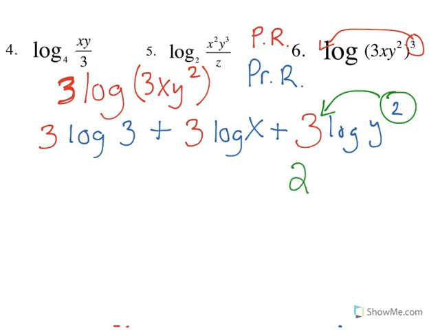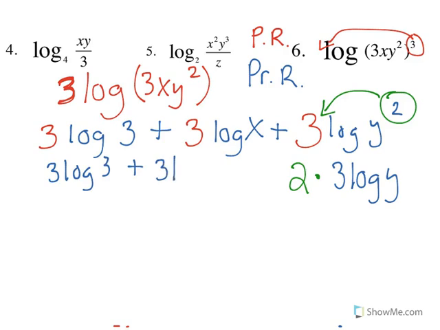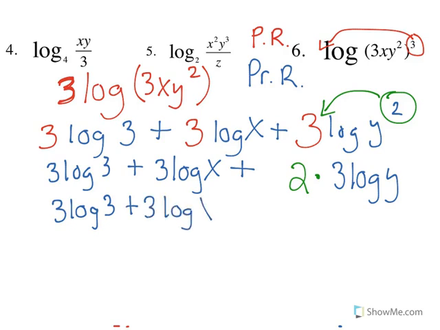That means you're going to have 2 times that 3 log and now y. Keep everything else. And if I clean that up a little bit, two times 3 times the log of y, that is the same thing as 6 times the log of y.